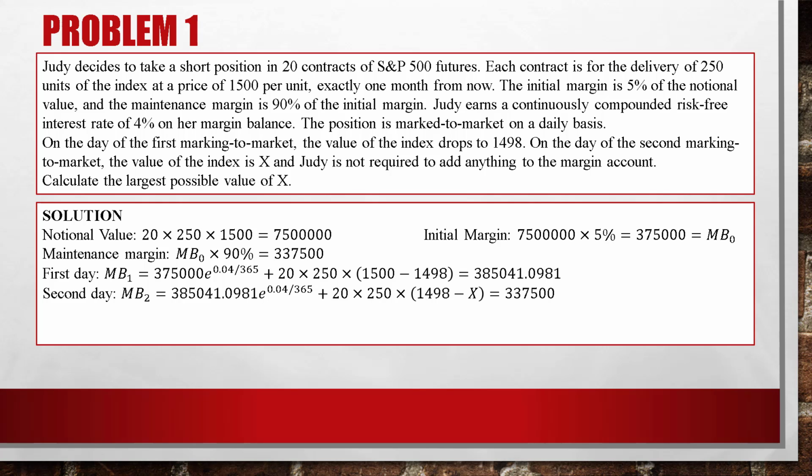However, it said that Judy is not required to add anything to the margin account, which means MB2 should be equal to the maintenance margin, 337,500. And from here we have an equation in x. Solving for x, we get x is $1,507.51.